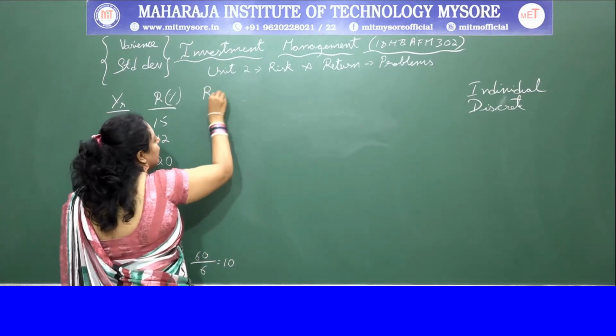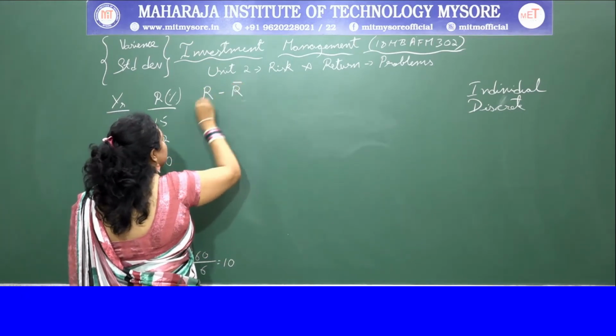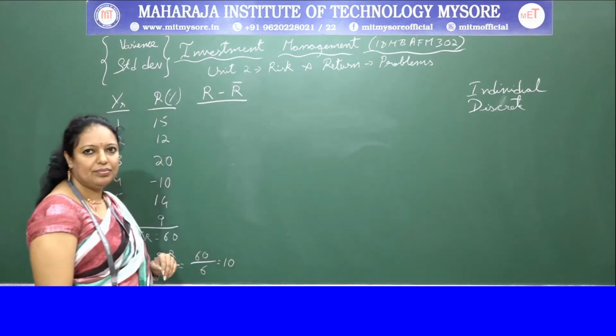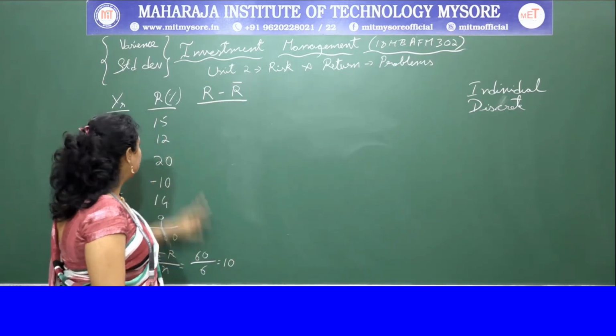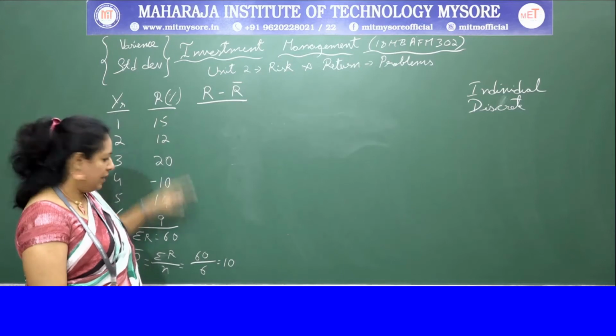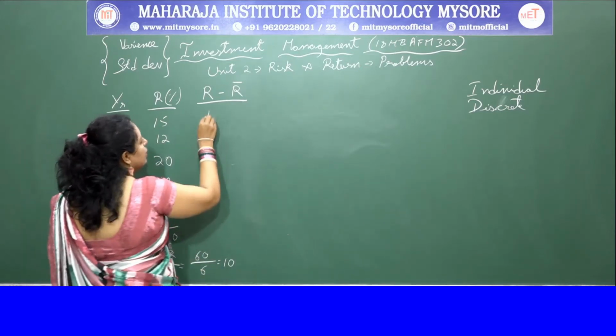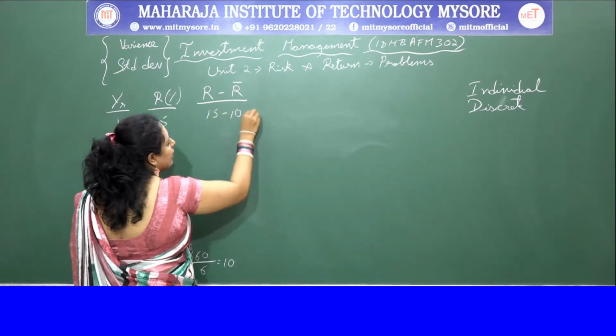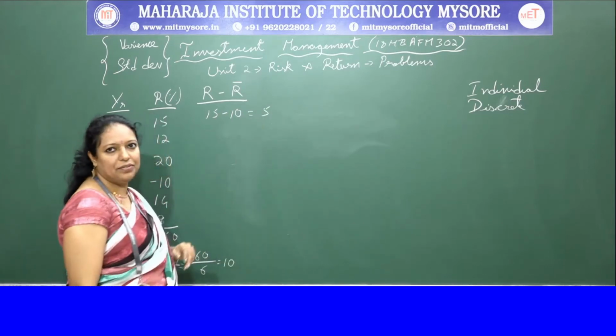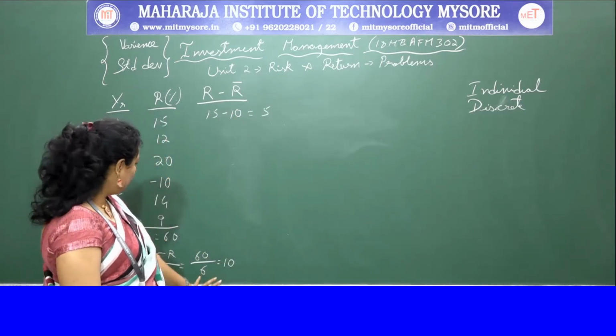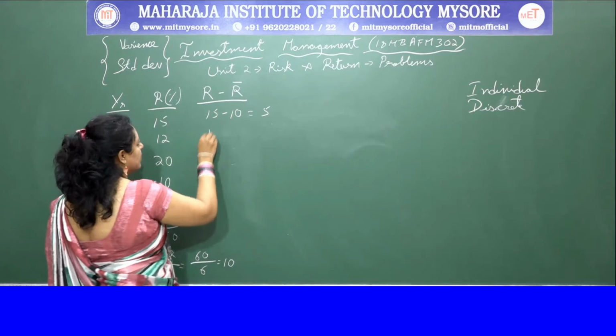The next column we'll put up is R minus R bar. R is 15, R bar is 10, so 15 minus 10, your answer is 5. In the same way, you have to do it for all the 6 years.